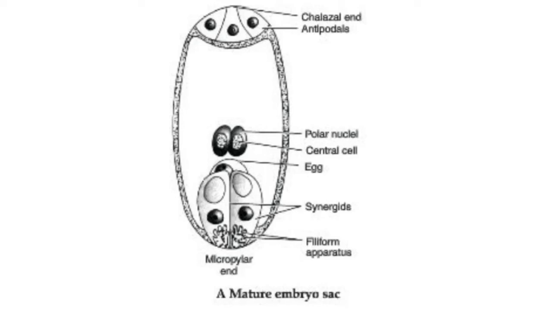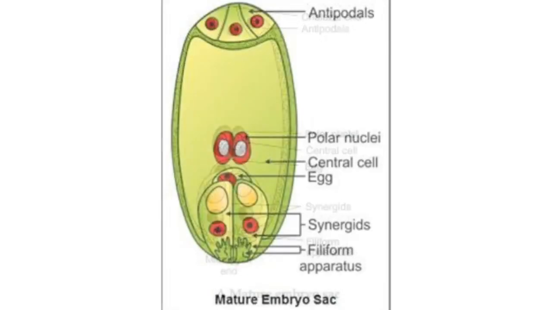Three cells at the micropylar end grouped together constitute the egg apparatus, composed of two synergids and one egg cell. The three cells at the chalazal end are called the antipodals. The large central cell is formed by the fusion of two polar nuclei.